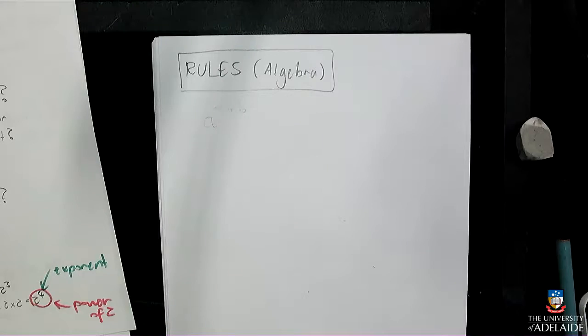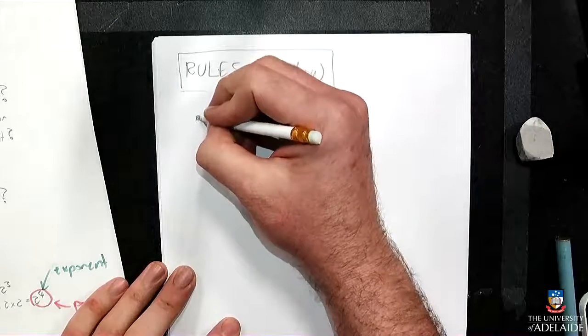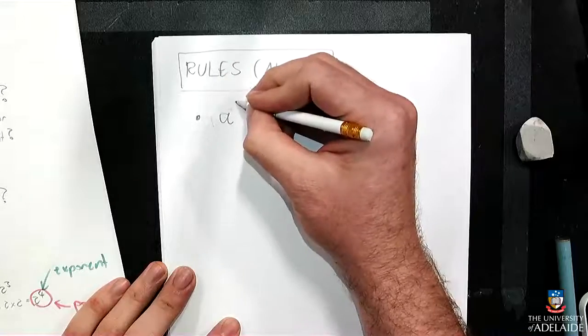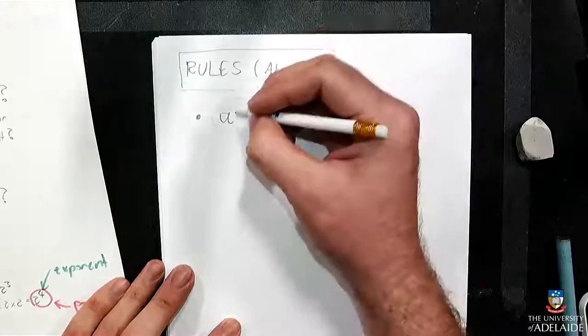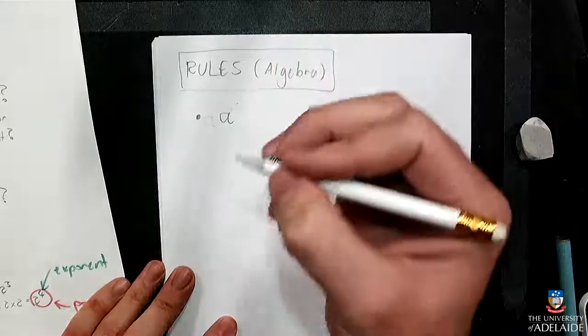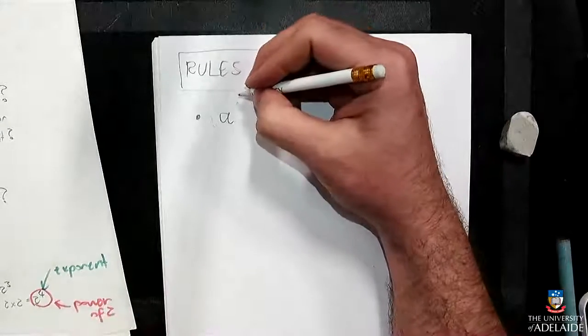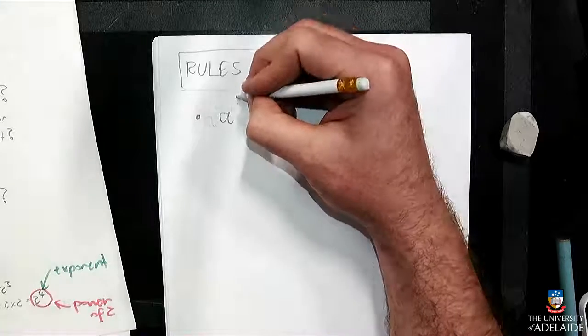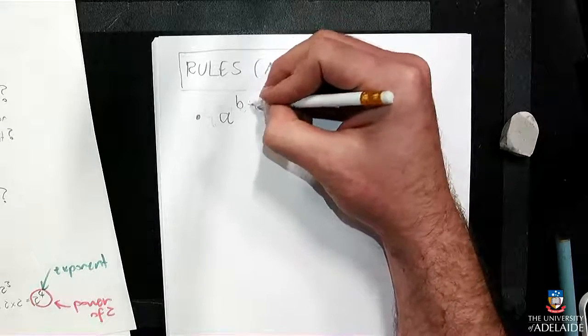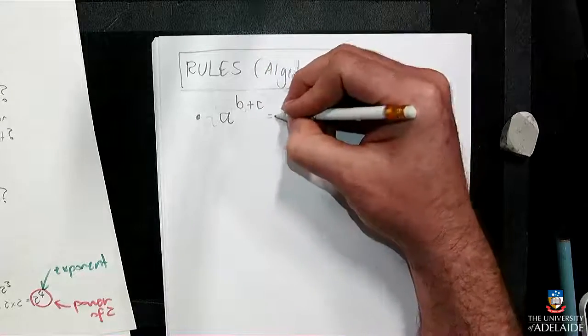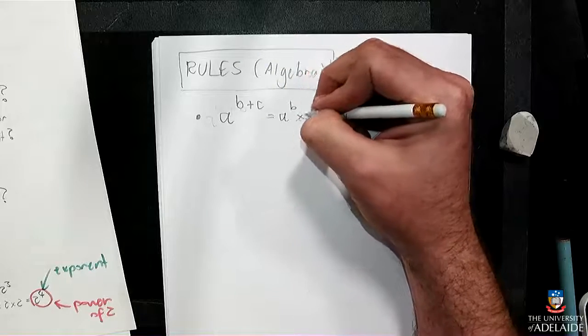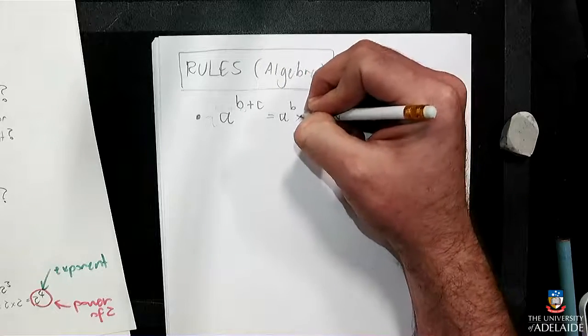And so we can actually create some new algebra rules, which are that a to the b plus c is the same as a to the b times a to the c.